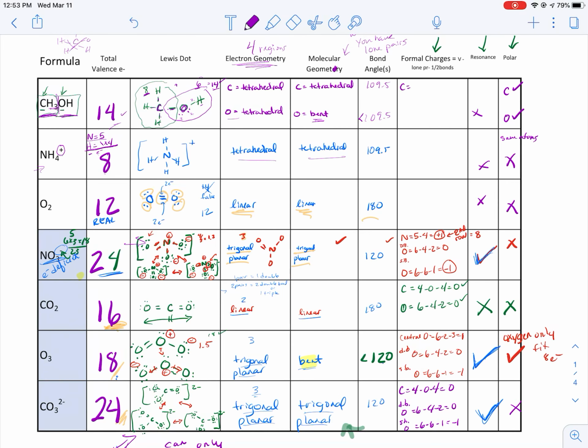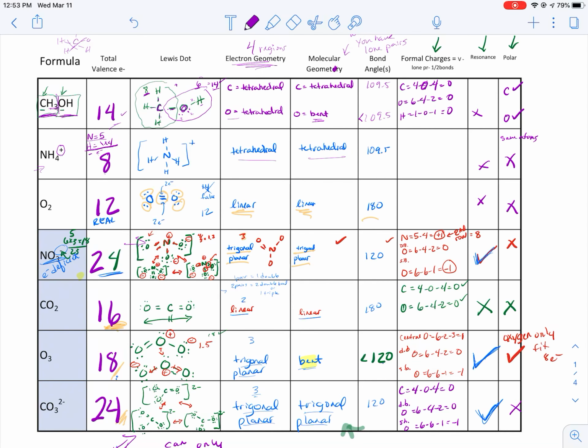And we'll just check our formal charges. We'll check the carbon. The carbon is 4 minus 0 minus 4, which is 0. And the oxygen is 6 minus 4 minus 2, which is 0. And then the hydrogens, all of them will come out to be 0.